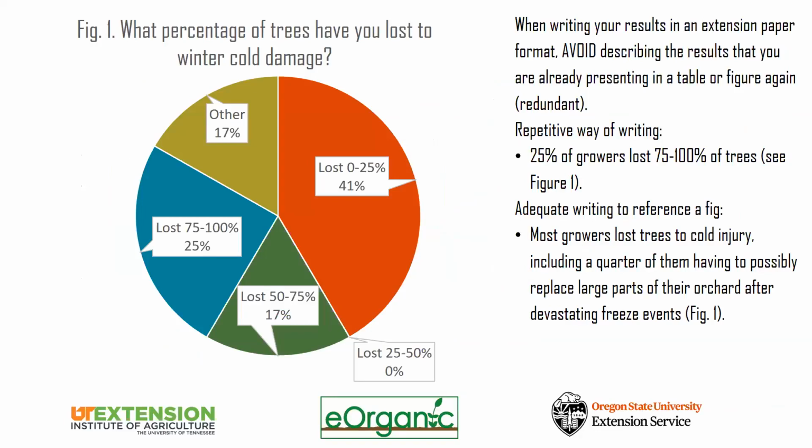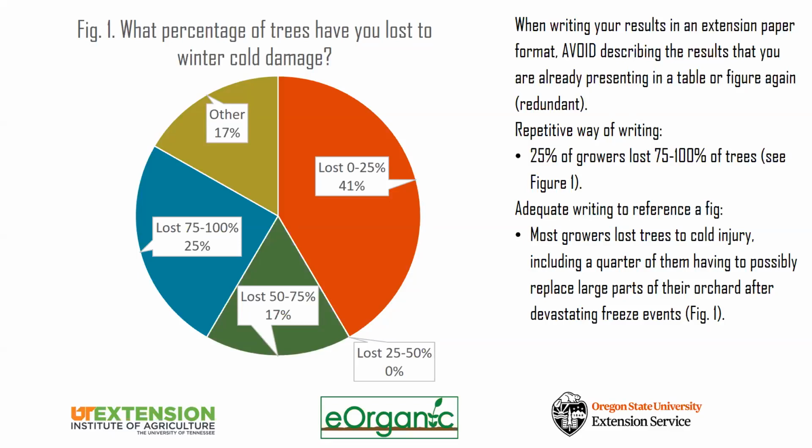Okay. Then I also wanted to cover this other example when writing your results for an extension paper. Avoid describing the results that you're already presenting in a table or figure, to reduce redundancy. For example, the question here is, what percentage of trees have you lost to winter cold damage? In the figure, you can see that blue section of the pie where it says 25% lost 75 to 100% of their trees on the cold event.